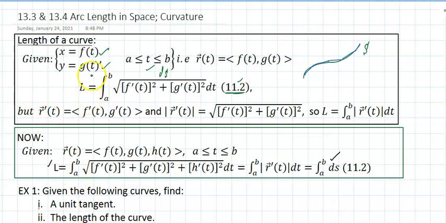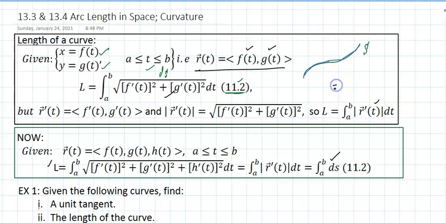Now, if I take a derivative of this vector, I know that's f prime of t, g prime of t. And the magnitude of the derivative is really the length of the curve. So the length of the curve is really nothing more than the integral from a to b of the absolute value of r prime of t.